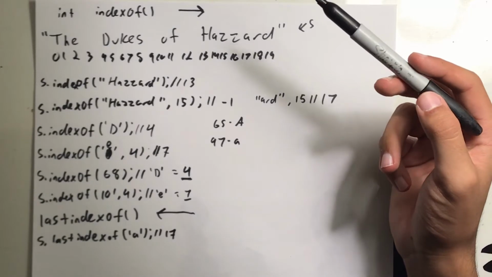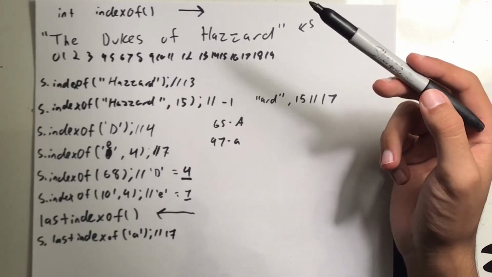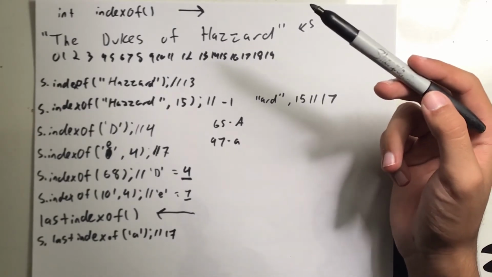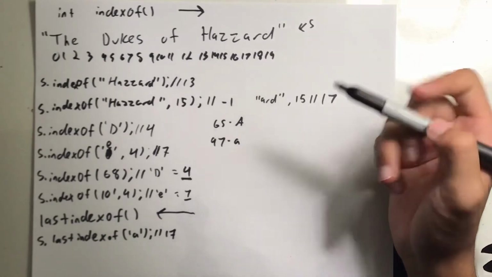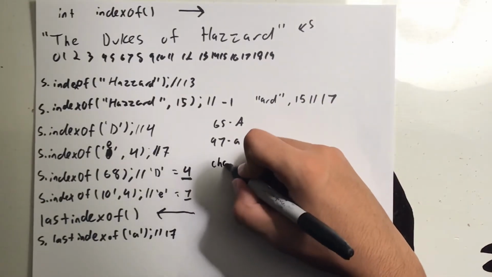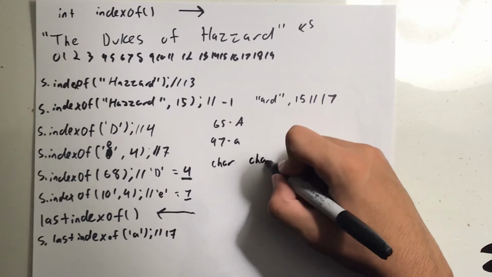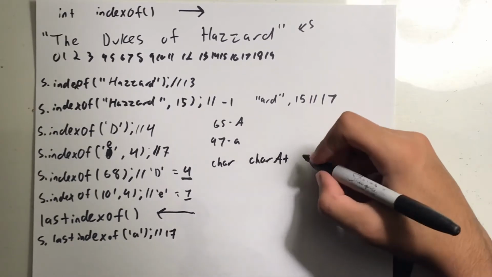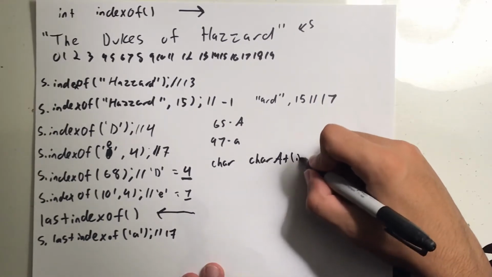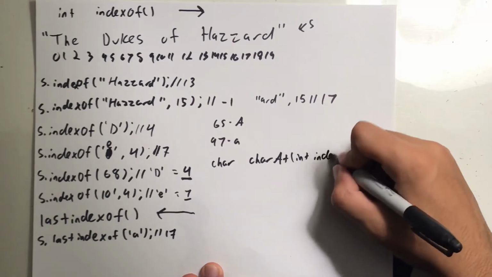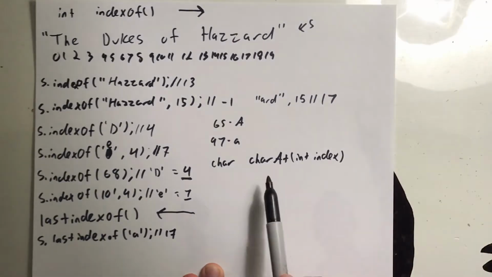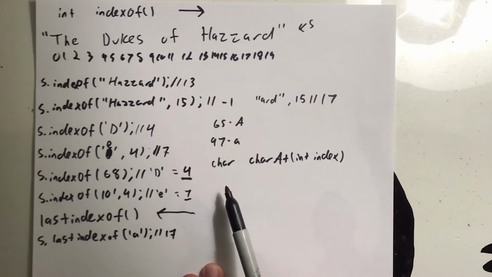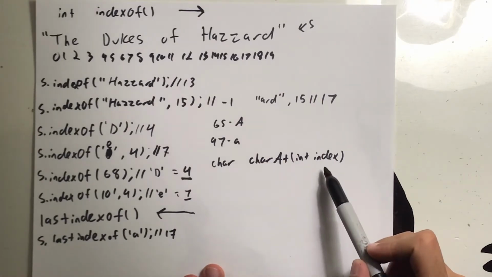Okay, and now there's other methods such as this method, charAt, and then int index. So this char method returns a character, and this is the index we want to look at.